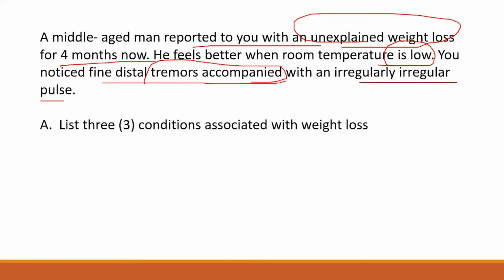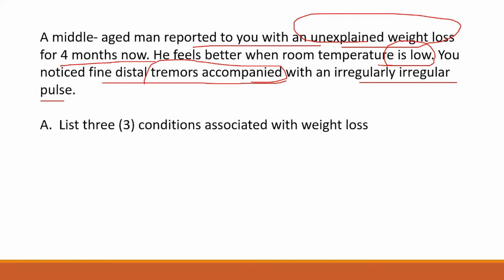List 3 conditions associated with weight loss. So under what conditions can we have weight loss? Now, let me try to classify them for you so that it will be easier for you to get them right. So we can consider what we call endocrine or metabolic conditions.